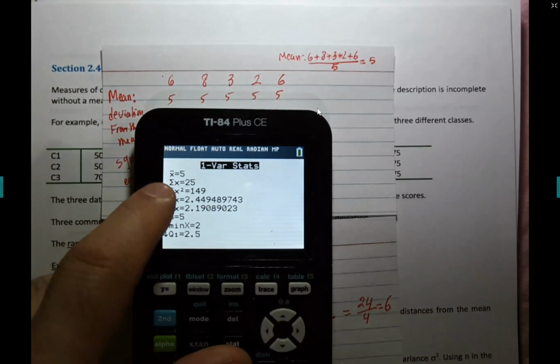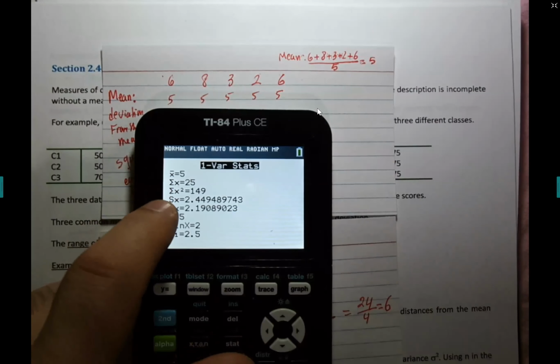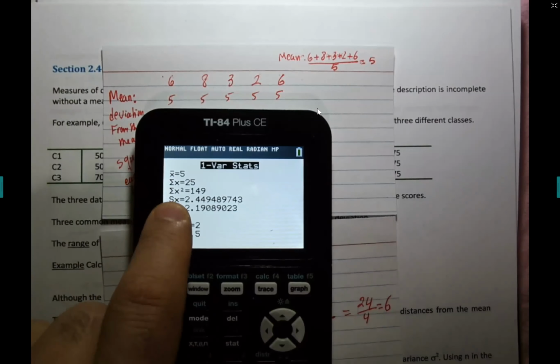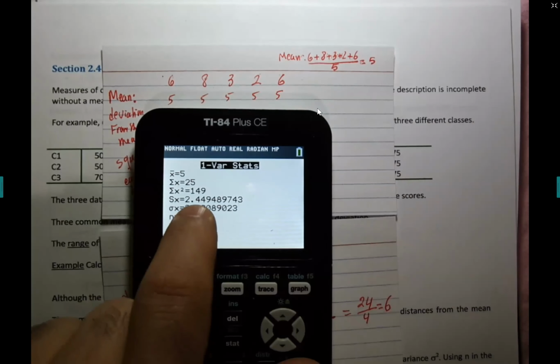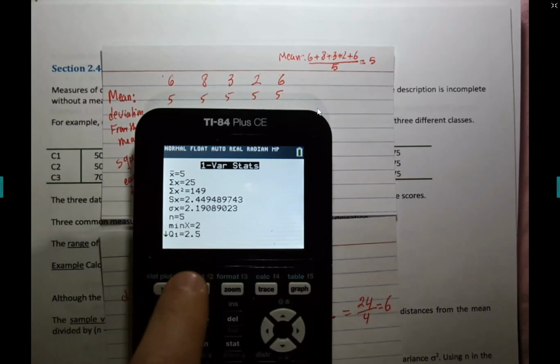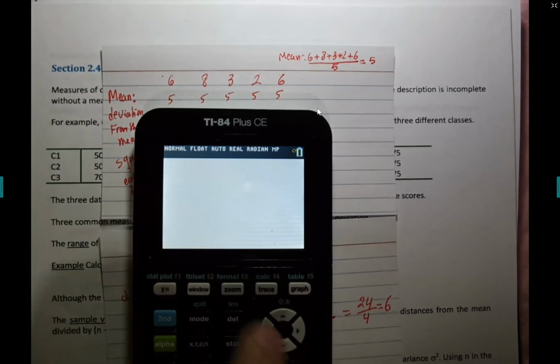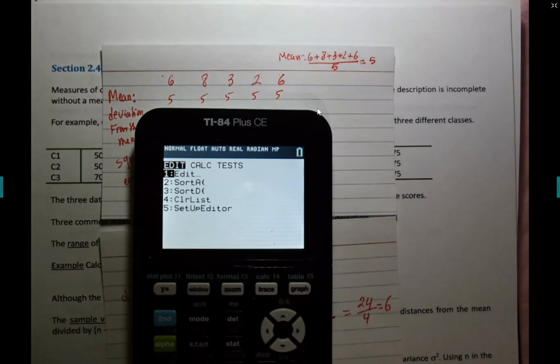Okay. Don't worry about the first 2, but look at this one right here. You see what it says? Sx, sample standard deviation. Do you notice that this is what I got? Guys, 2.44948. It's the exact number. This is the standard deviation. And if you press the down arrow, guys, you're going to see the median. What did I do? I'll do it again.